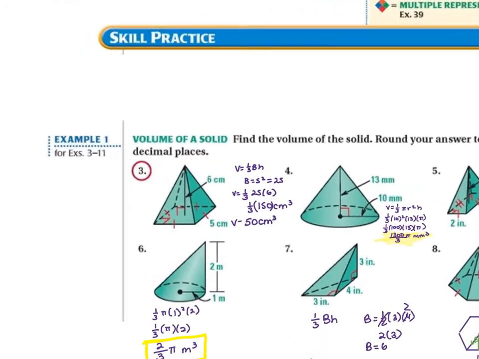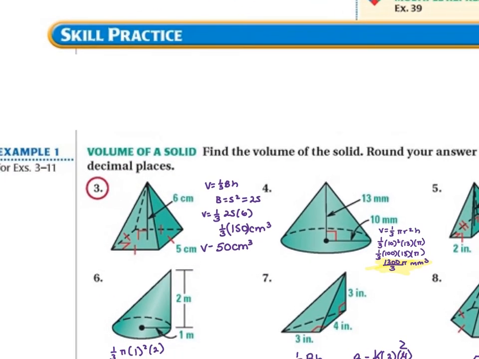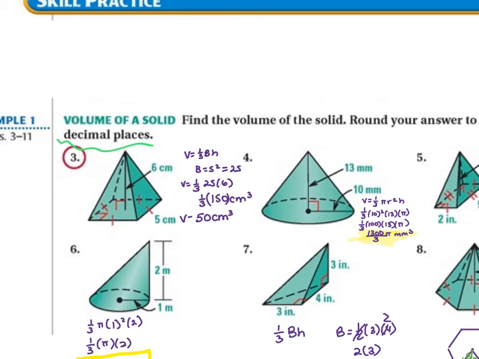And I'll zoom into each one because I know it's kind of tiny. So let me show you 3 and 4 first. Notice the instructions are telling you to round to 2 decimal places. So for the first one, we really didn't need to round. It was just 50 centimeters cubed. Now over here, I left number 4 as a fraction, but if you divided this, you could have also gotten 433 and 1/3 pi.